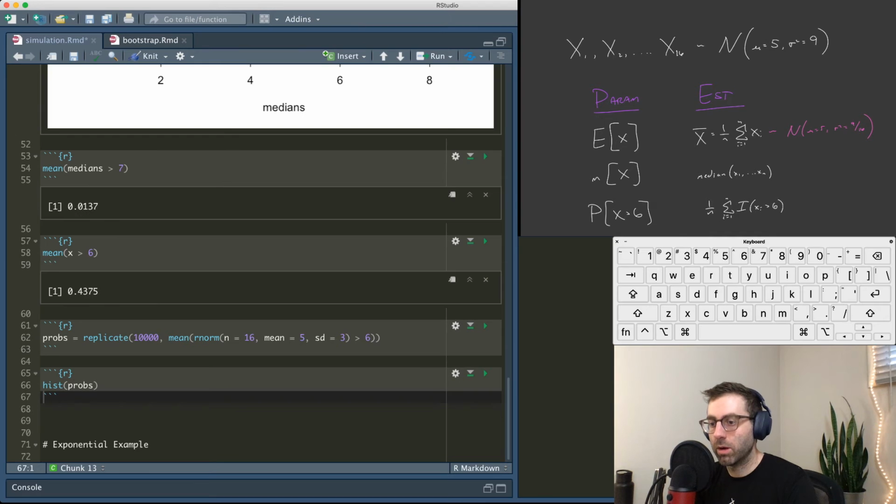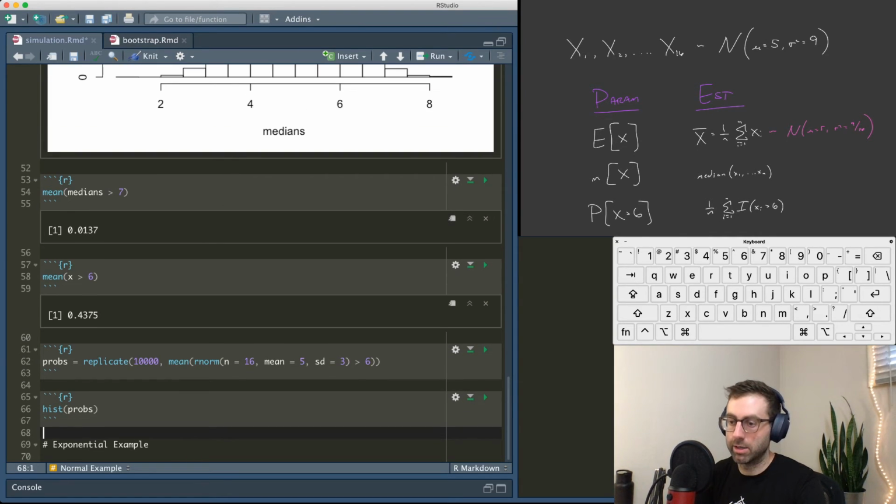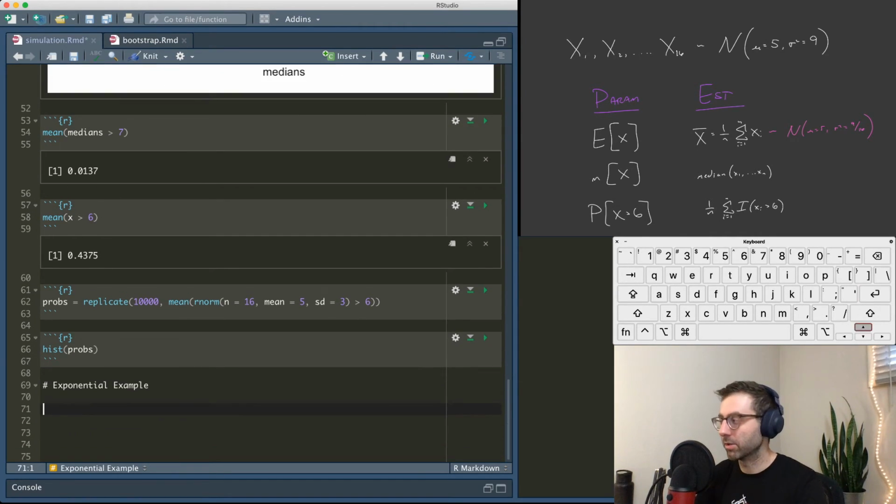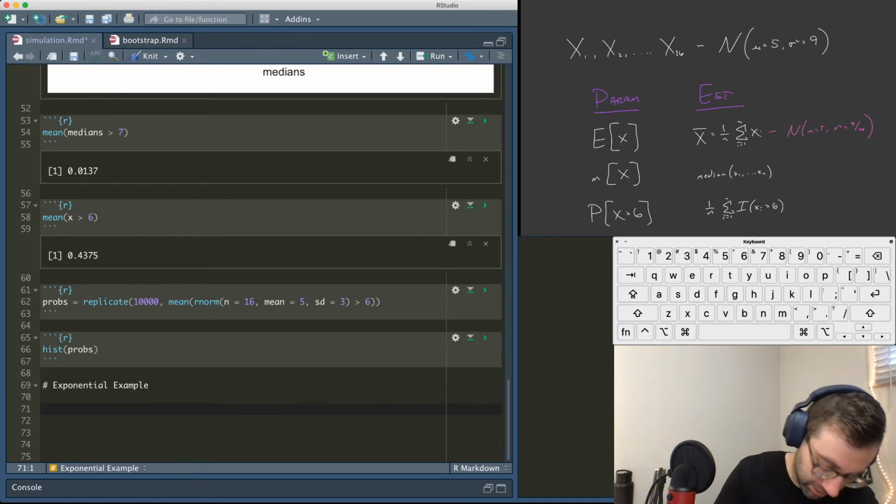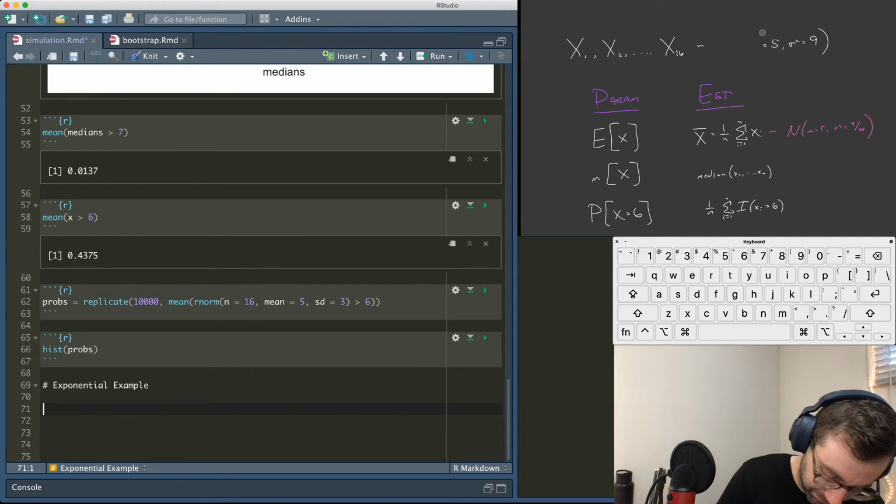So this could be applied to any distribution, right? We said that these parameters are really a function of this distribution here. So we could do a different example where instead of normal, we look at an exponential distribution.